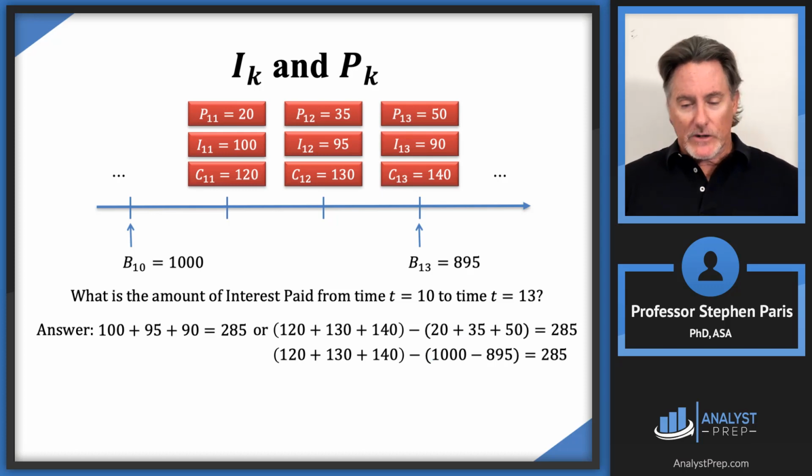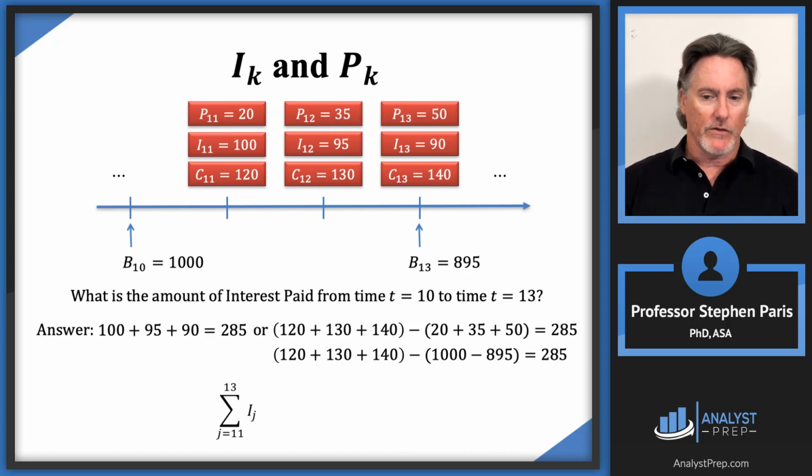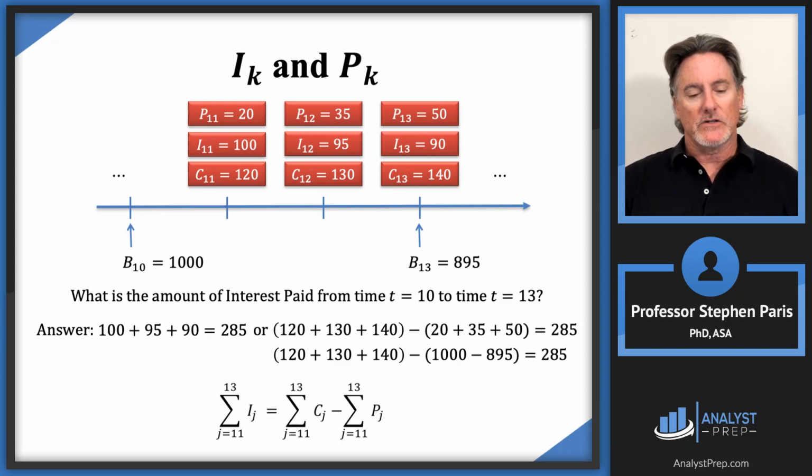And so let me try to capture everything. If I'm looking for the amount of interest paid over the time period from 10 to 13, symbolically, using shorthand notation, that's the sum of I sub j from 11 to 13, which is the sum of the payments minus the sum of the principal amounts repaid.